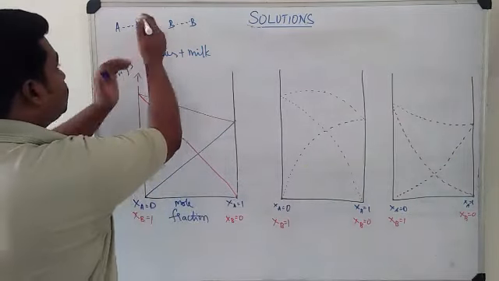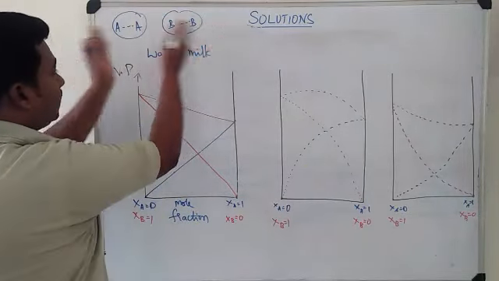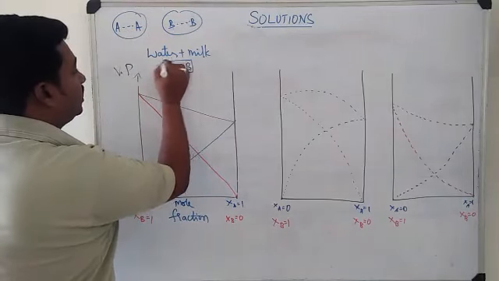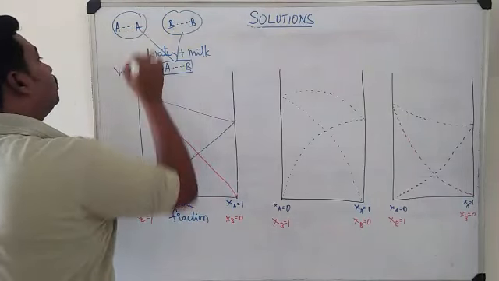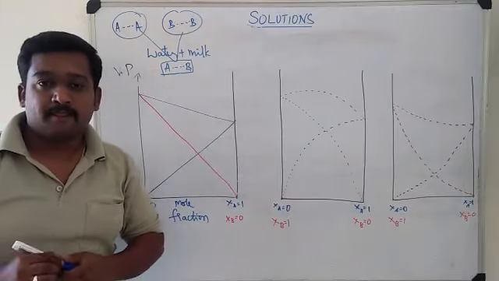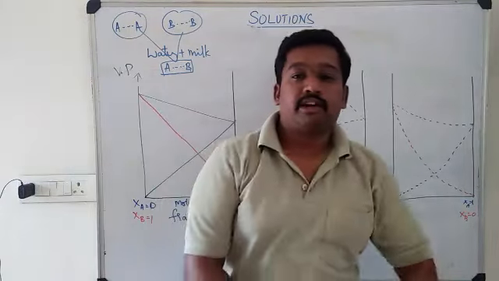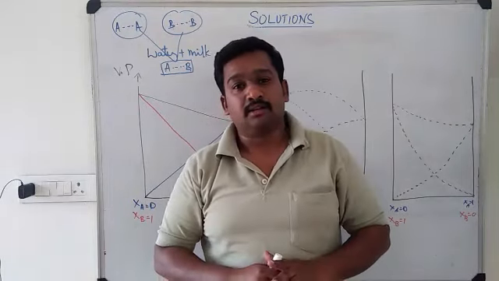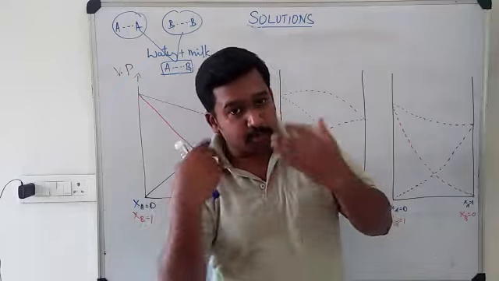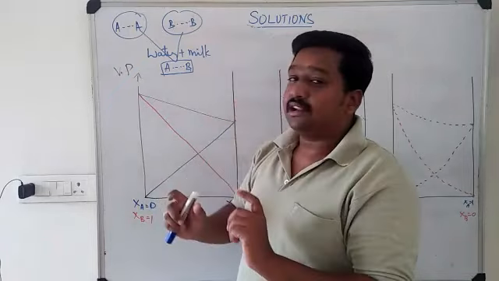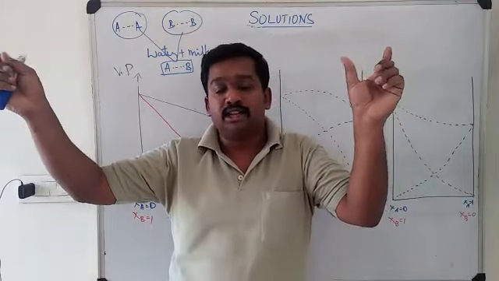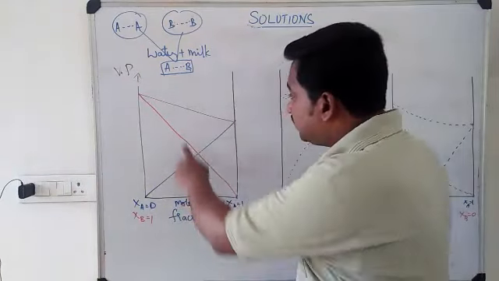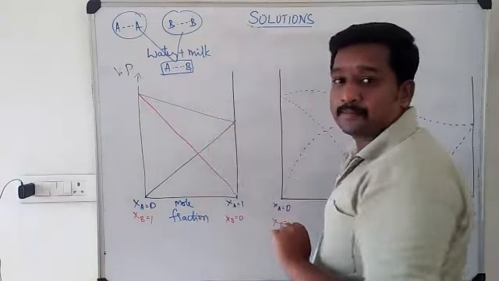When A and B are mixed together, even A and B have a force of attraction almost equal to that of both these. If the intermolecular force of attraction between the two components in a binary solution is equal to or almost equal to the force of attraction in the individual components, we call such a solution an ideal solution, where you get the graph like this. There will be a straight line.